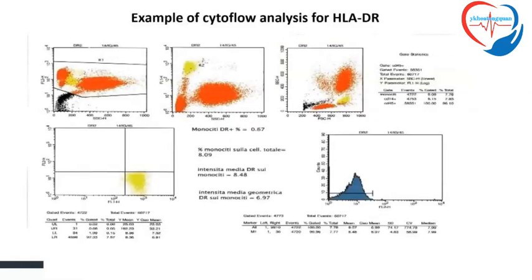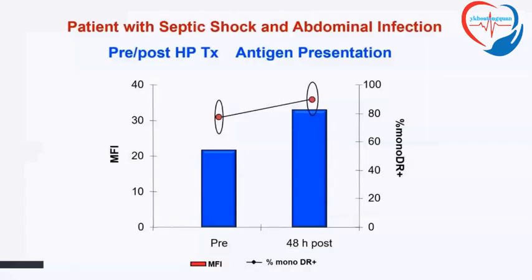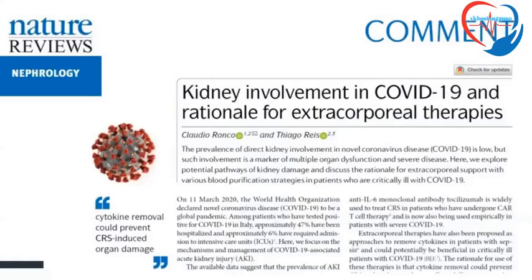We also did a flow cytometry analysis on monocytes, and found an improvement in the expression of HLA-DR on the surface of the cells, and also an increase in the percent of monocytes expressing HLA-DR, showing that antigen presentation can be improved.